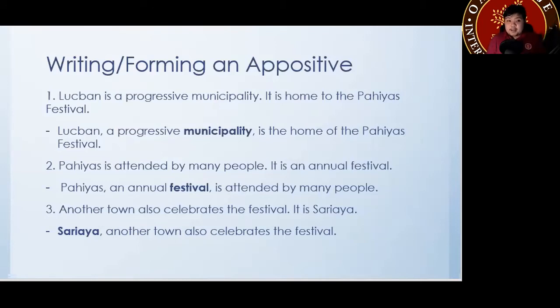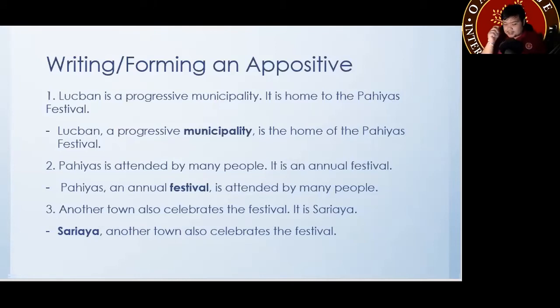Or number 3. Another town also celebrates the festival. It is Sariaya. Okay, you could even include the ideas or the nouns of the next sentence as the appositive. So for example, you could start with Sariaya, and then comma, followed by another town also celebrates the festival. That's how you create or form or write appositives.